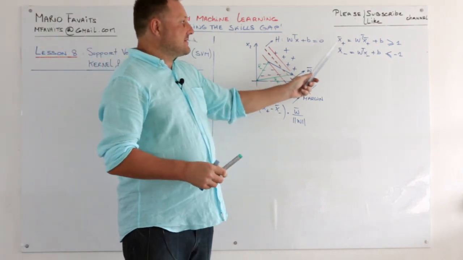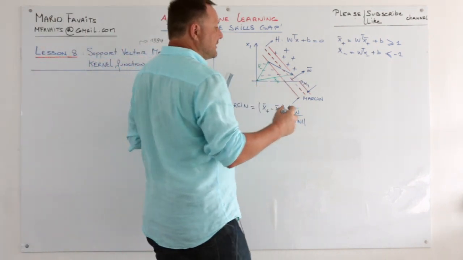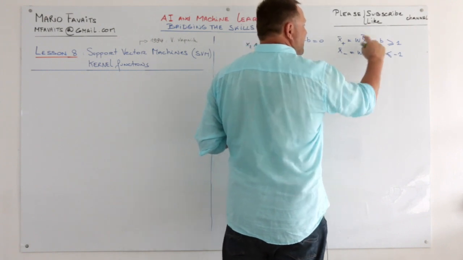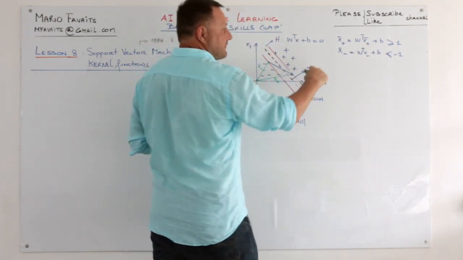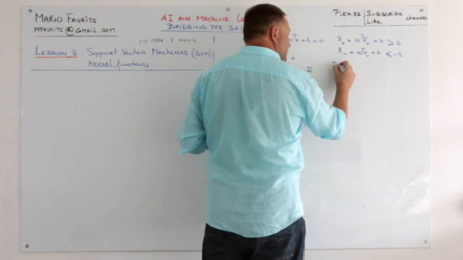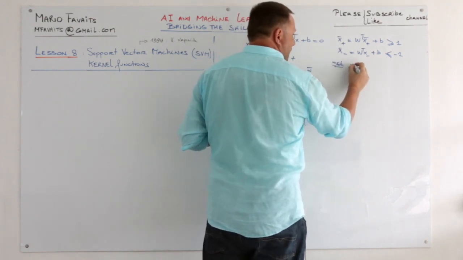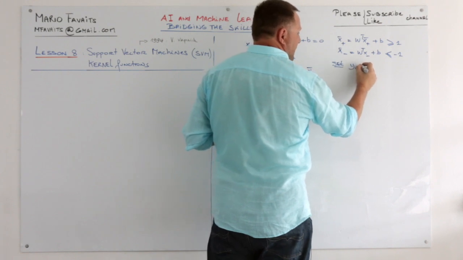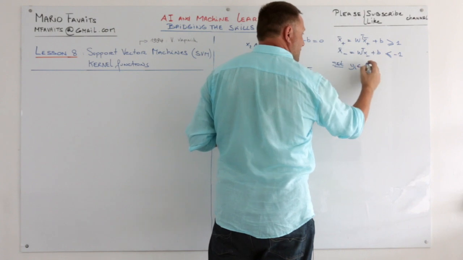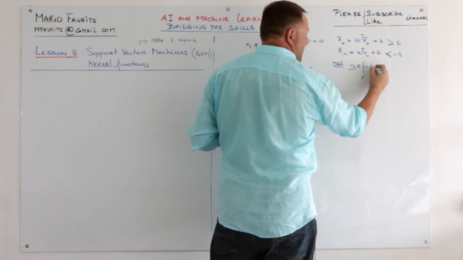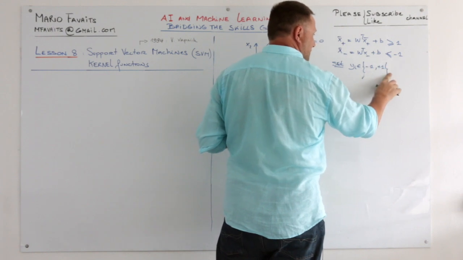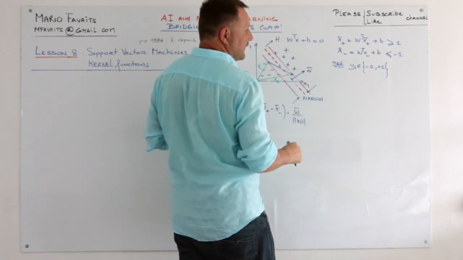The problem I have is I'd like to see one expression for this whole thing. So I'm going to define yi, and yi is either minus 1 or plus 1. That's yi.